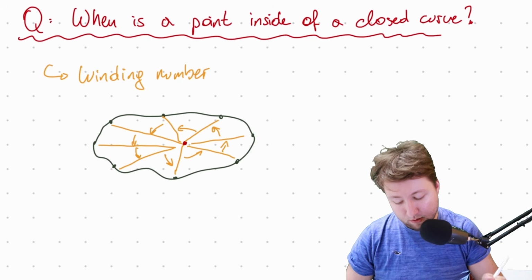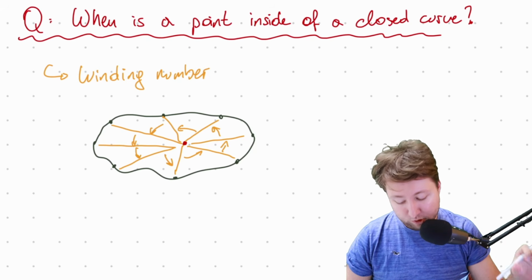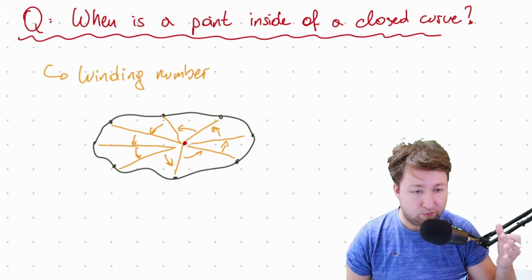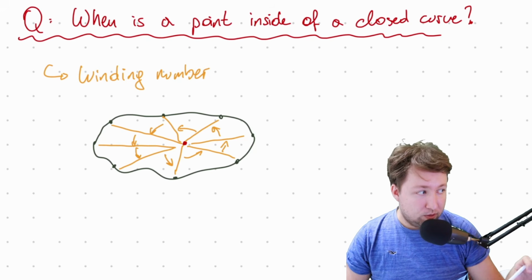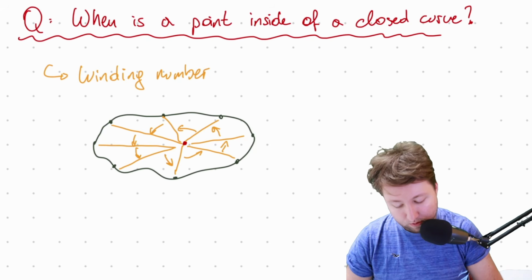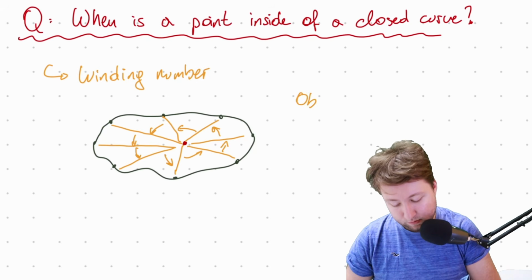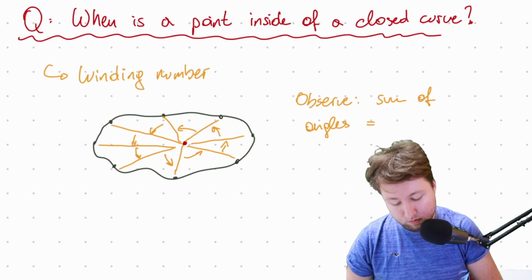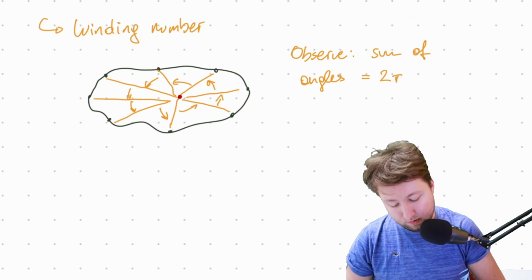So in case we measure these angles and we get something that's a full rotation, we know that the point has to be inside of the shape. So let me put that down. Observe: sum of angles equals 2 pi, and we know the point is inside.